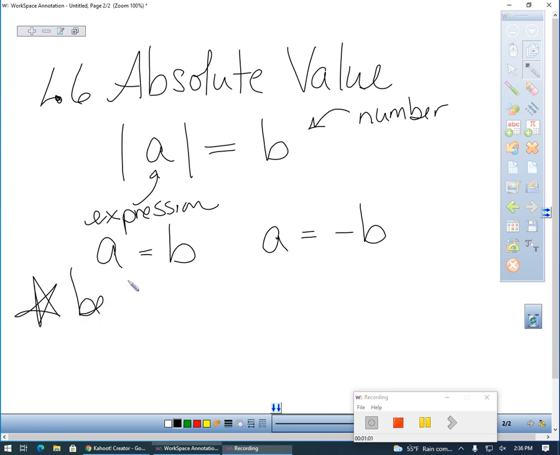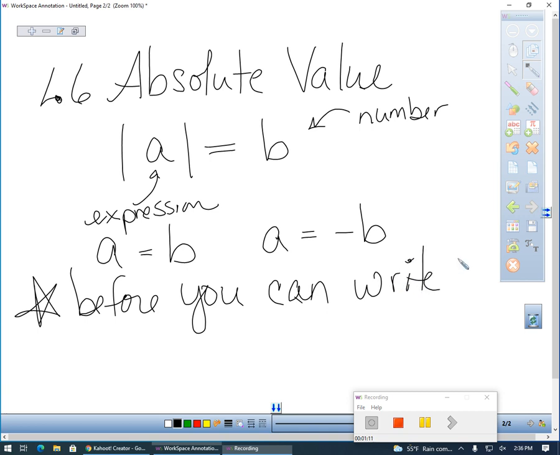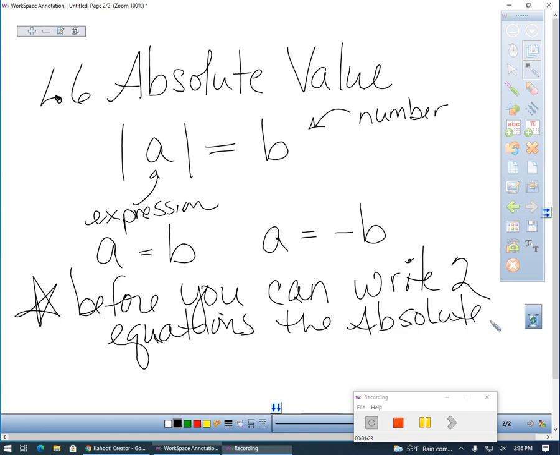Before you can write two equations, the absolute value must be by itself.